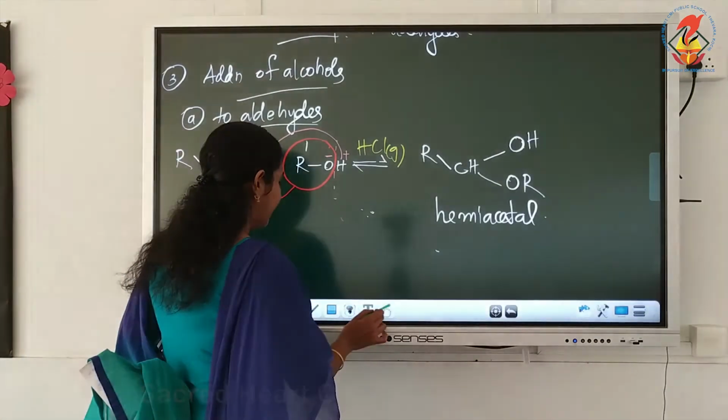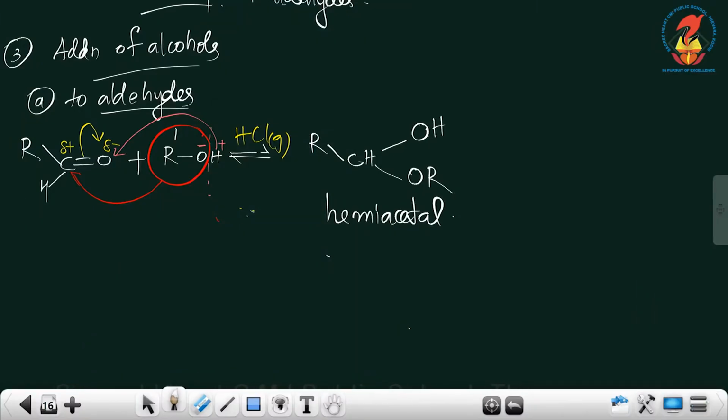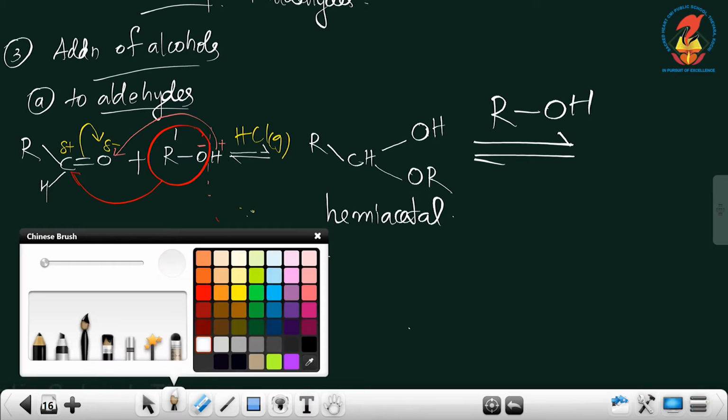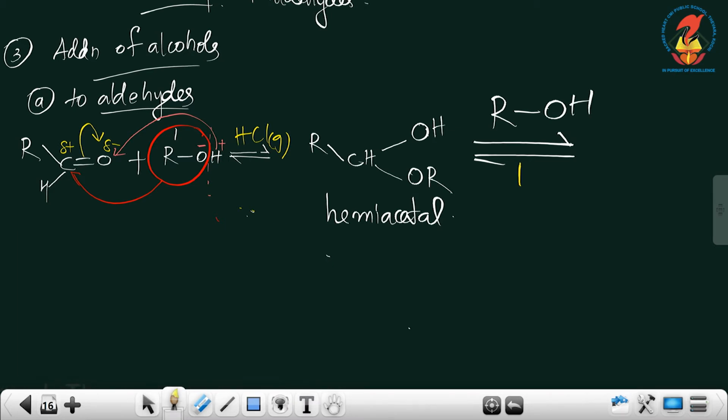Clear? In the second step, this hemiacetal will react with one more molecule of alcohol, okay, in presence of acid, that is H plus or HCl. Here what happens is, there is elimination of water. How is water eliminated? As HOH, isn't it? So, OH will be taken from here and hydrogen from here.